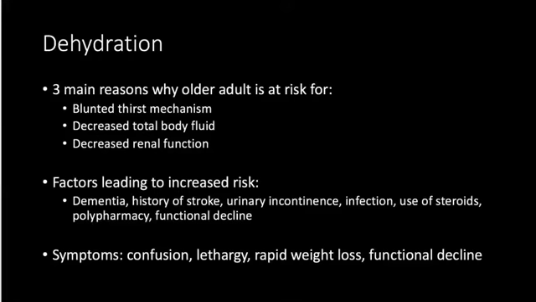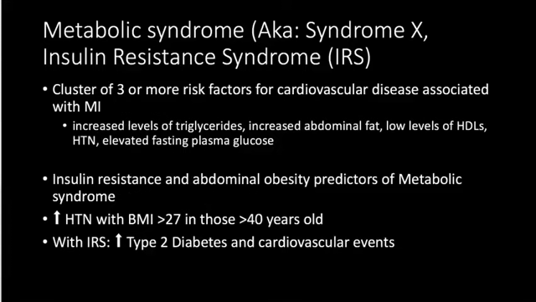They have a blunted thirst mechanism, decreased total body fluid, and decreased renal function. Other important factors that increase risk are dementia, history of stroke, urinary incontinence, infection, use of steroids, polypharmacy, and functional decline. Symptoms could be lethargy, confusion, rapid weight loss, and functional decline.